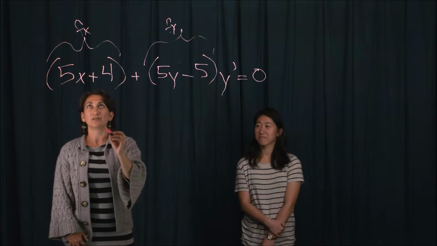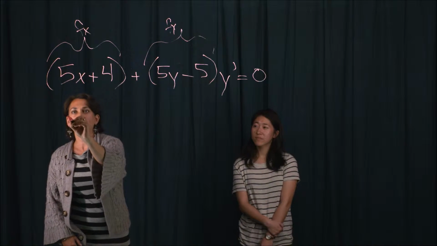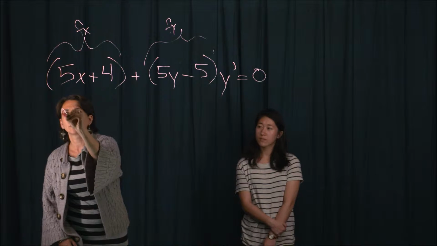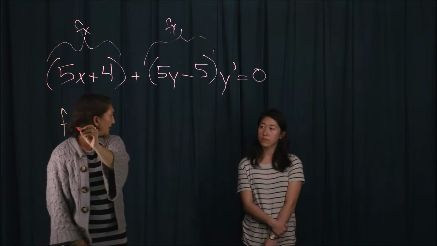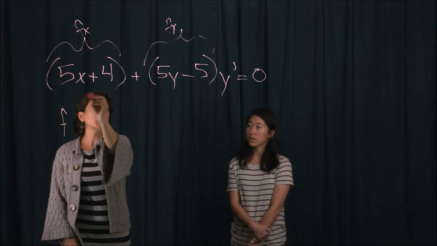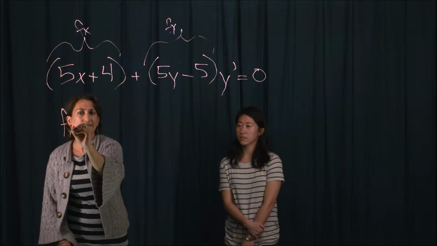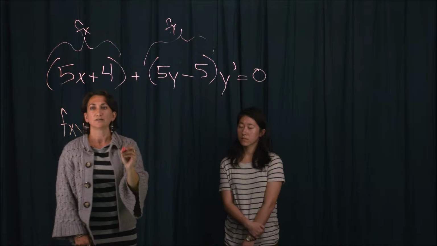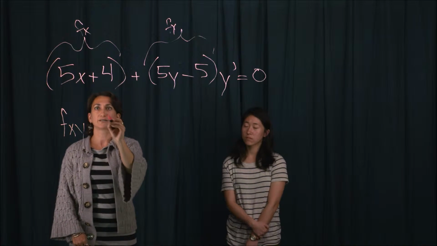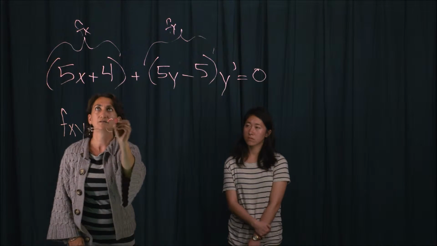So what we'll do is we'll solve this f of x with respect to y, that would be fxy, right? Yeah. Okay, good. So we have fxy is going to be 0.